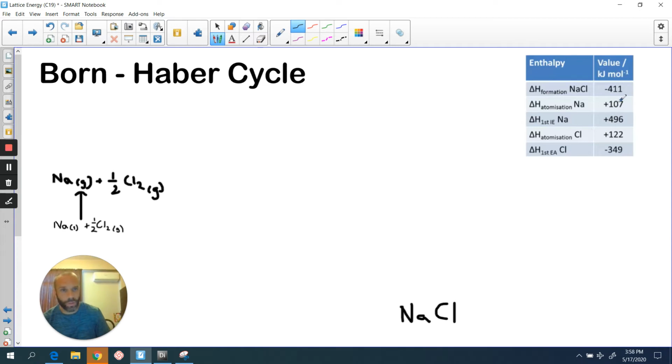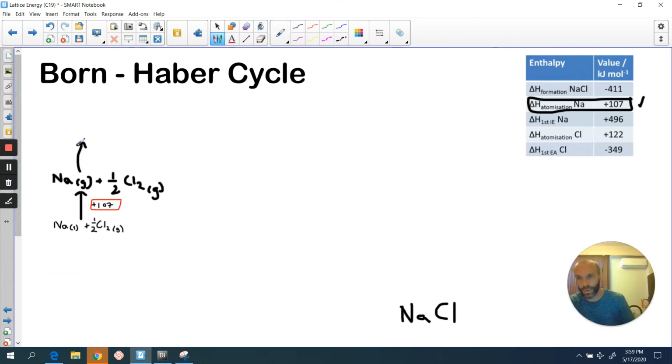So which value were we talking about here? Well, it's going to be this value here. And we could put that value in there. We know that that value is going to be plus 107. Now let's continue focusing on the sodium. The next thing that would need to happen would be that you'd need to ionize that sodium. In other words, that needs to lose an electron to become a mole of scattered gaseous ions.